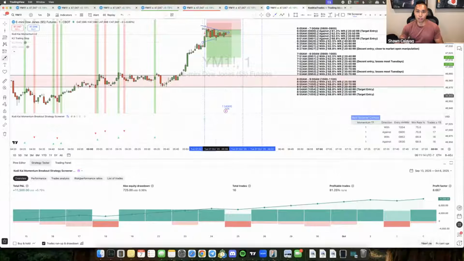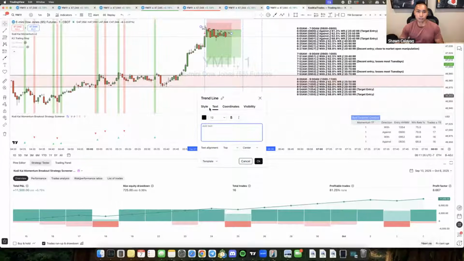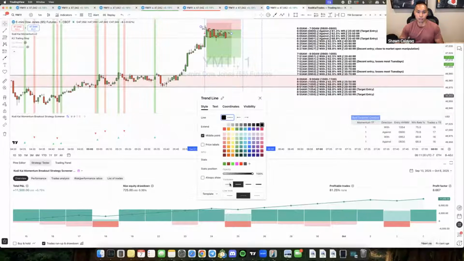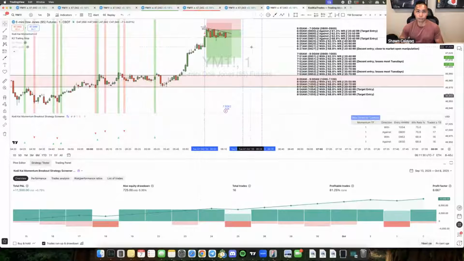It looks like a descending triangle, right? So what we might get right here is a descending triangle, where price squeezes through, breaks, retests, and continues lower.